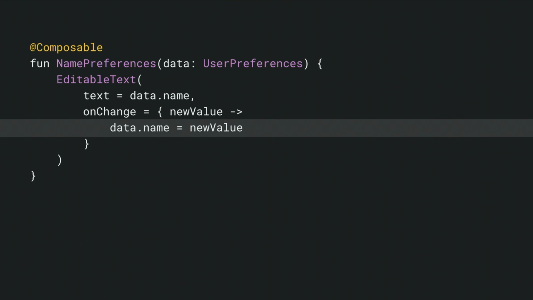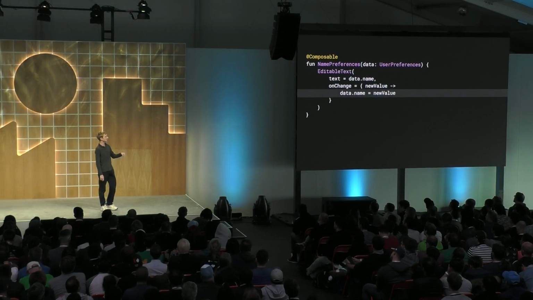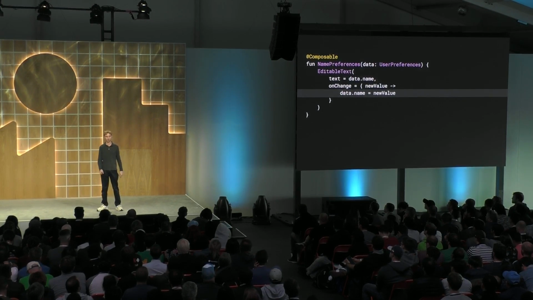We can apply the same approach to text. In this case, we have an editable text for the user's name, and all that the onChange handler does is set the name. This looks pretty generic, and you might wonder why the editable text couldn't just set the text itself. But maintaining this one-way data flow allows us to do some really interesting things.